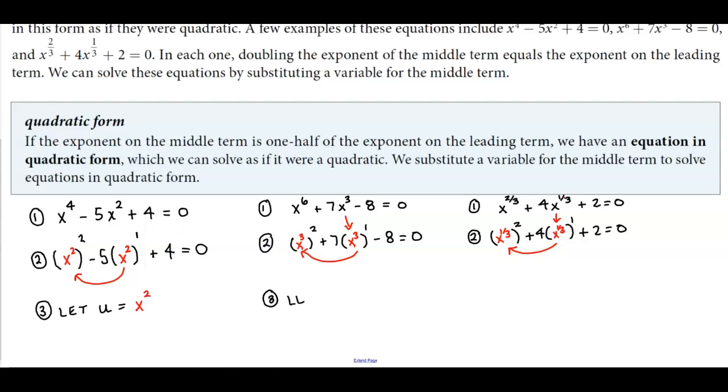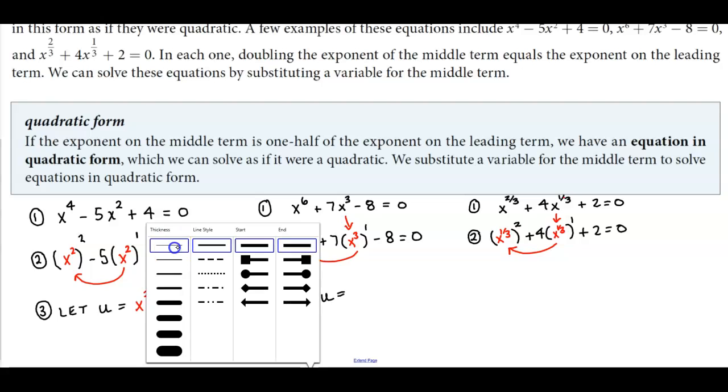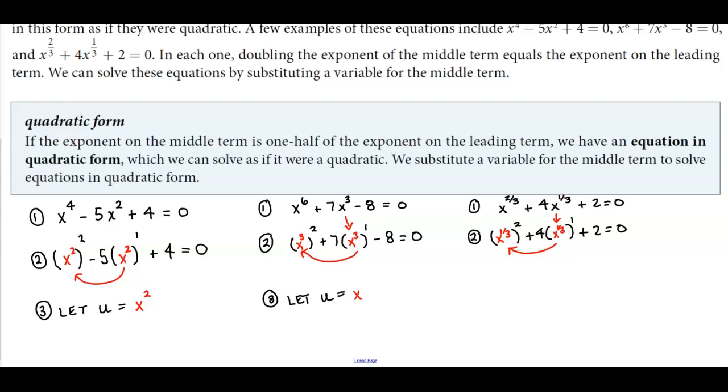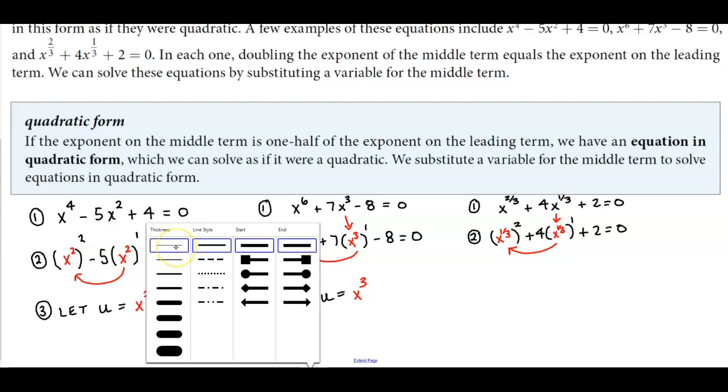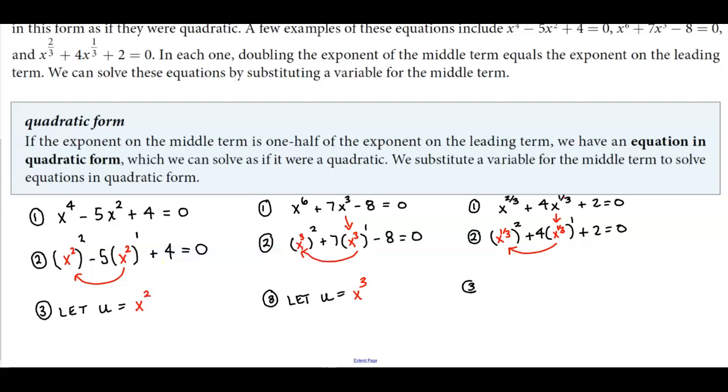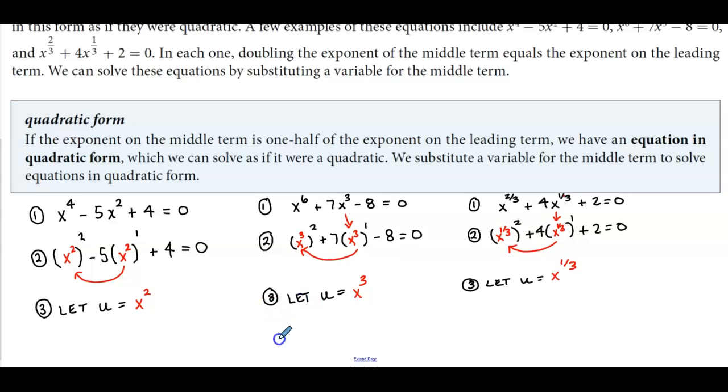We're going to let u equal what we got for our middle term, which is x cubed. And then over here, likewise, we're going to let u equal x to the 1/3.